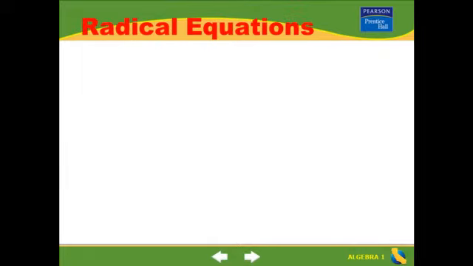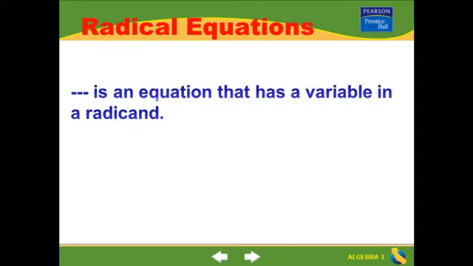Let's define first what a radical equation is. A radical equation is an equation that has a variable in a radicand. The radicand is the expression underneath the radical symbol or square root symbol. Example: the square root of x minus 5 equals 4.